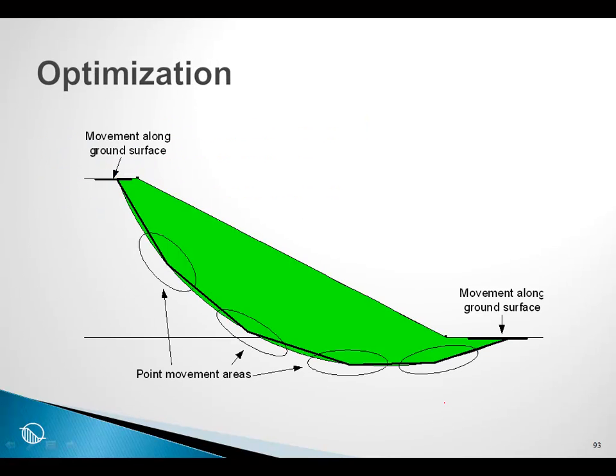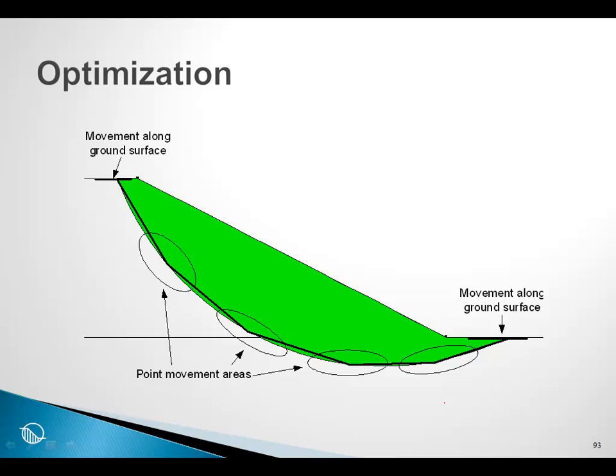There is another method of looking at trial slip surfaces, and if you search the research literature, there are many, many different names for this technique, but it is an attempt to look at slip surfaces that do not have a predetermined geometric shape.